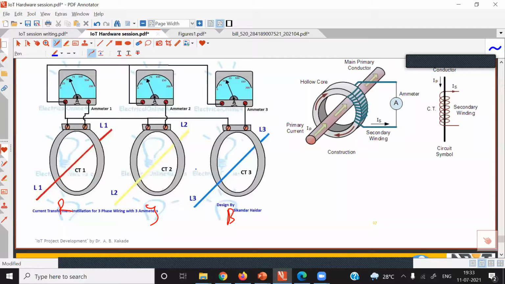Similarly, for measurement of voltage, it is up to you whether you want to measure phase to neutral or phase to phase voltage. So you require 3 measurements.